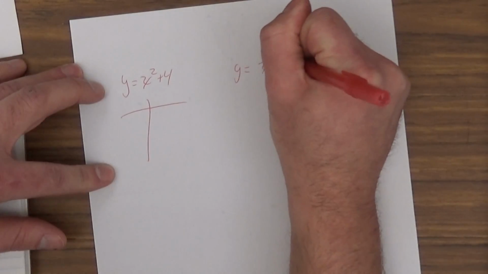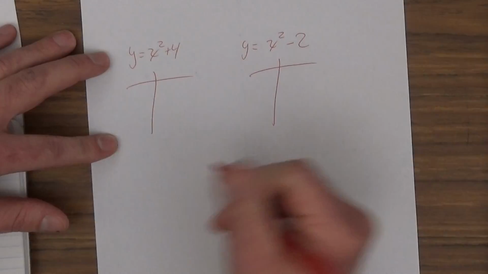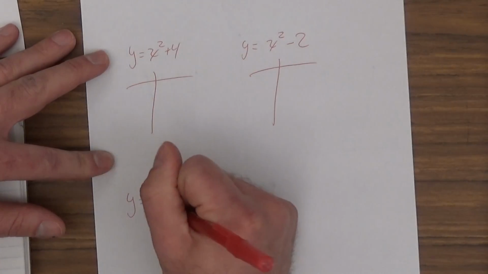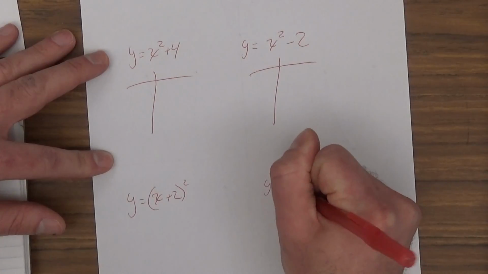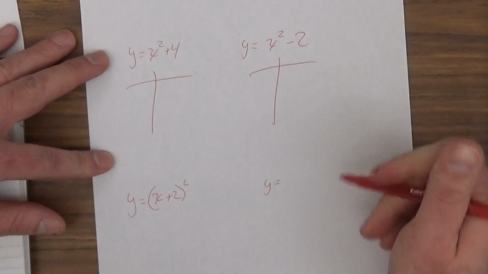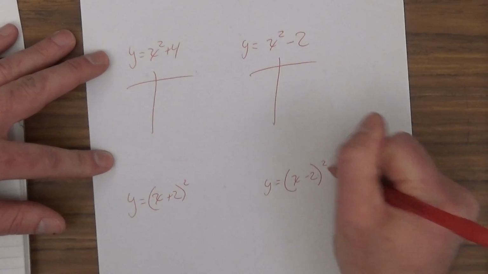Y equals x squared minus 2, I can fill that in. Y equals x plus 2 squared, and y equals, I'm putting in y, same as the function of x minus 2 squared.